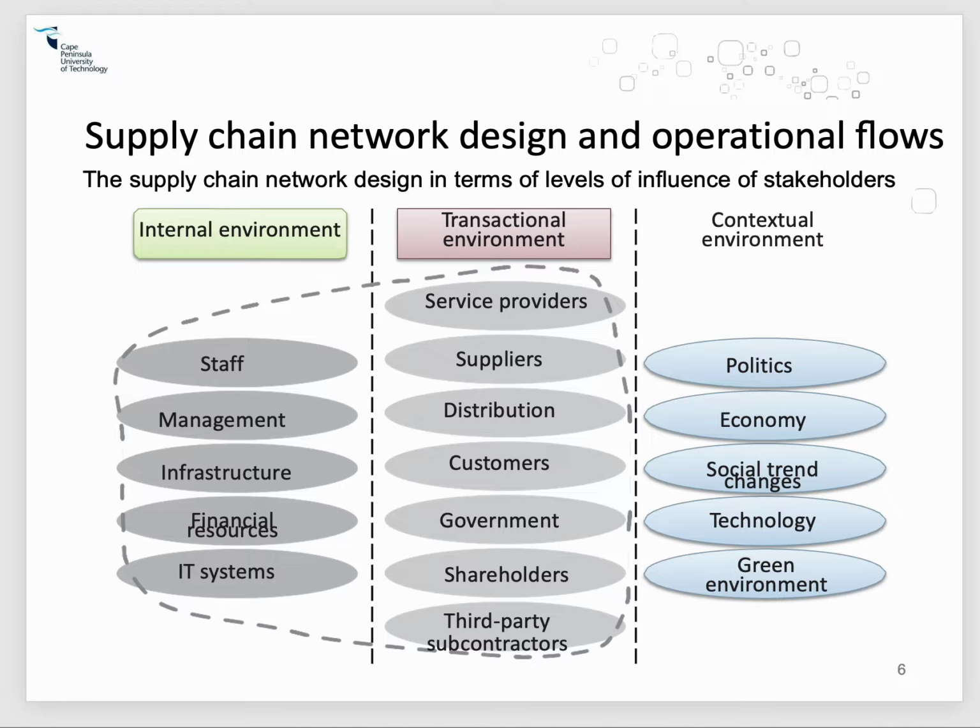And the circles on the right hand indicate the systems over which the organization has little or no influence, which is politics, the social trends that change over time, or the economy. So you can see the figure tries to illustrate the boundaries of the total supply chain network design.